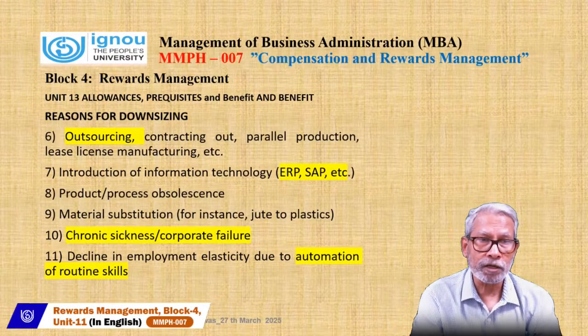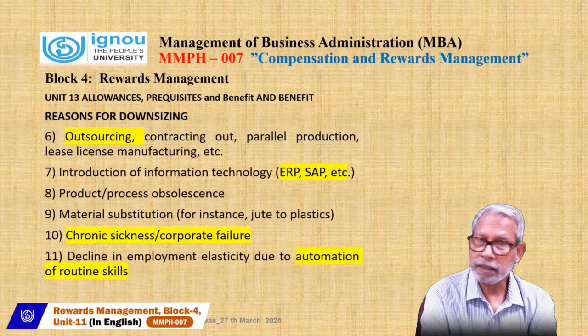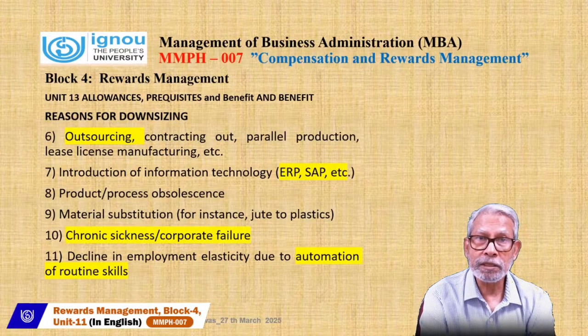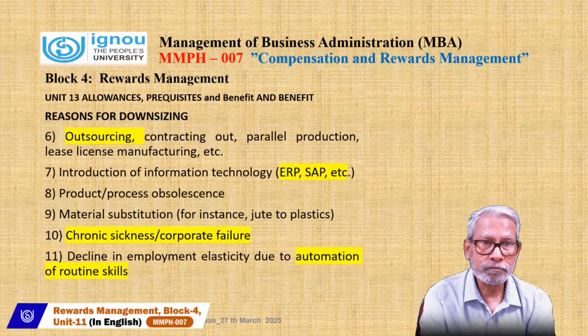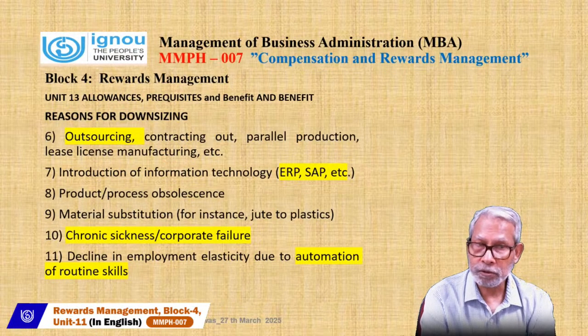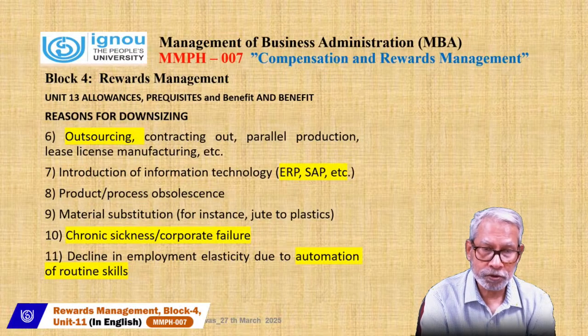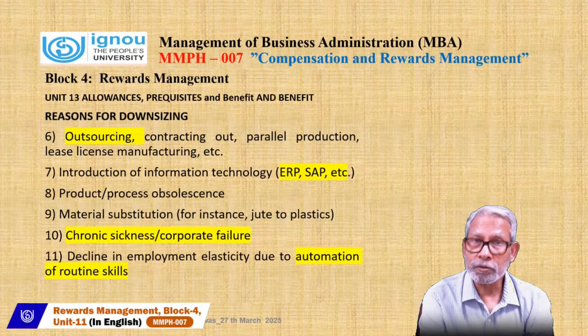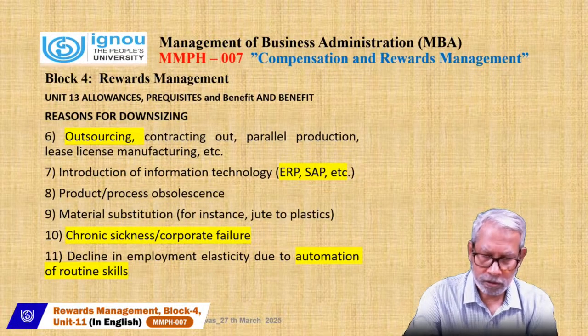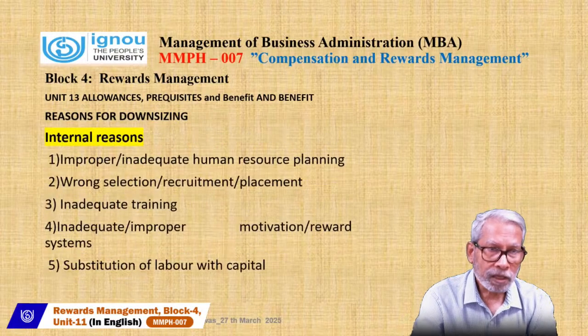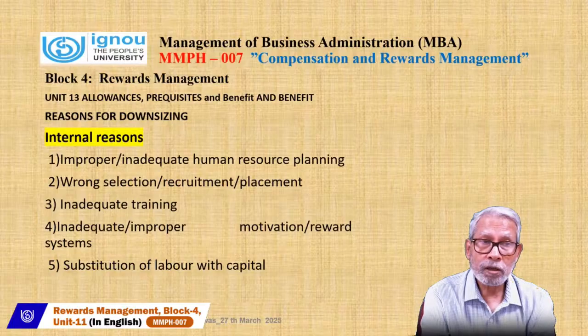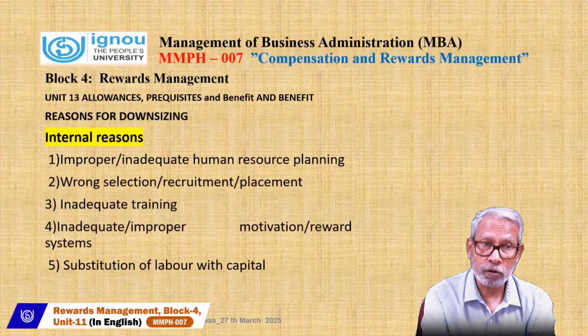Now introduction of information technology is another aspect: ERP, SAP, etc. Because of that, companies are deciding to downsize. Then product process solutions, material substitution, chronic sickness and corporate failure, automation of routine skills, plus some other reasons. Apart from that, there are internal reasons also.